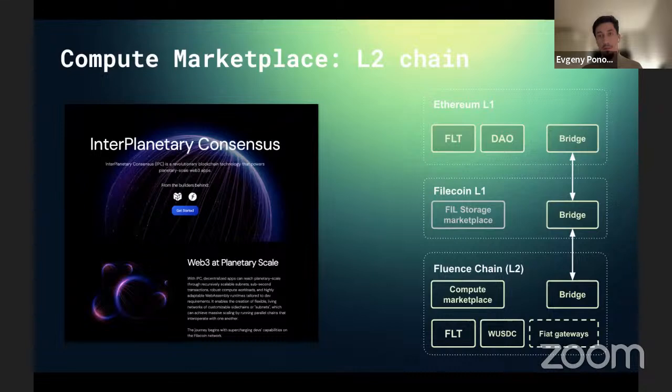The network that will run all the payments for compute will sit on Fluence L2, connected and anchored to the Filecoin chain, because we also want to be close to data and the data marketplace that exists at Filecoin, so we can combine compute payments with deal payments and make the experience much easier for users.